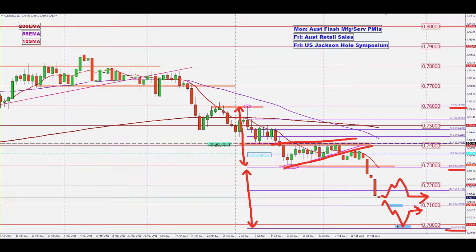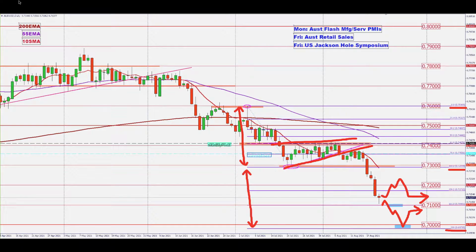I was projecting that it could dip down to target the 200 fib extension near the 70.00 round figure, based on the height of this flagpole.